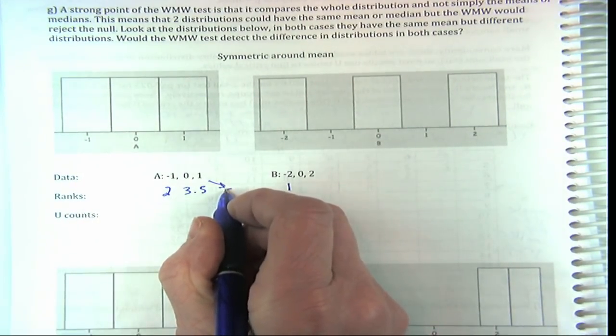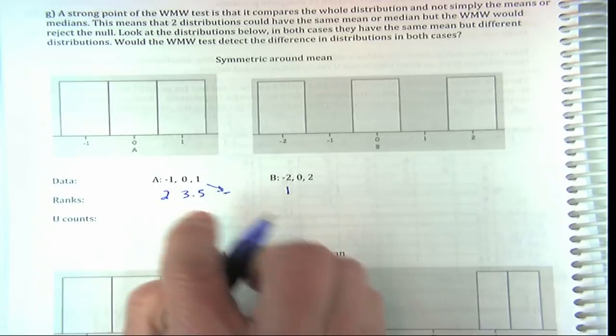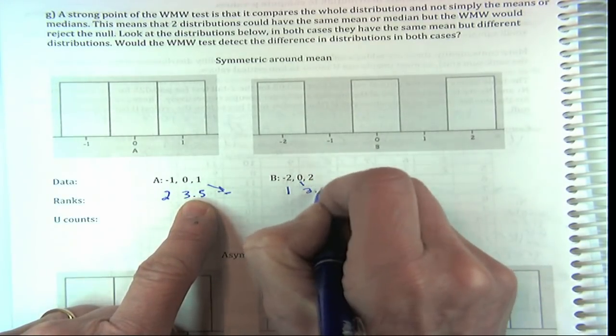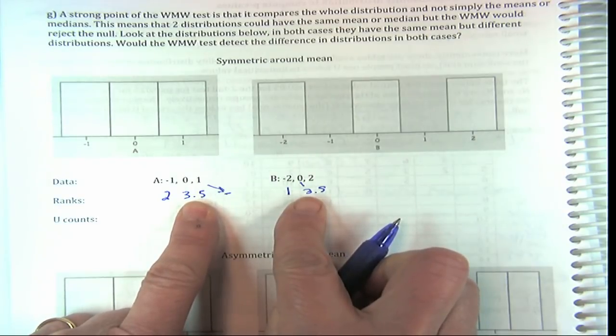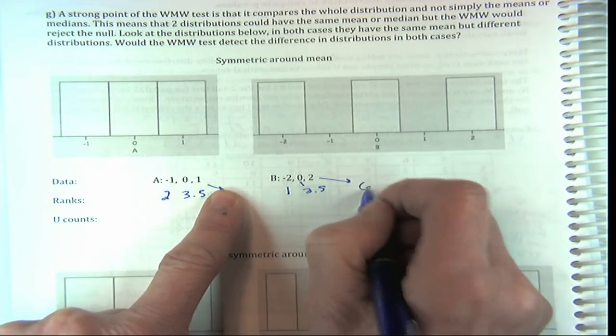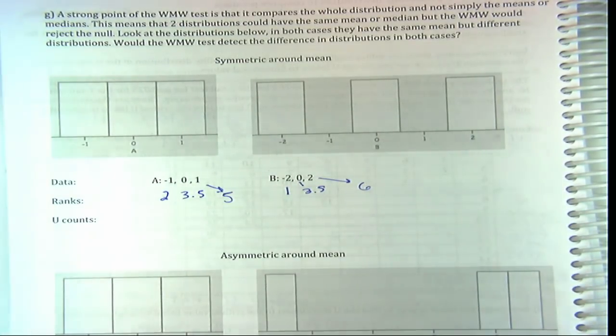We have 1, 2, 3, and 4, and I gave them both 3.5. And now I just have these last two to do. This one, of course, is the biggest of the 6, and that is 5. All right, so there is our ranks.